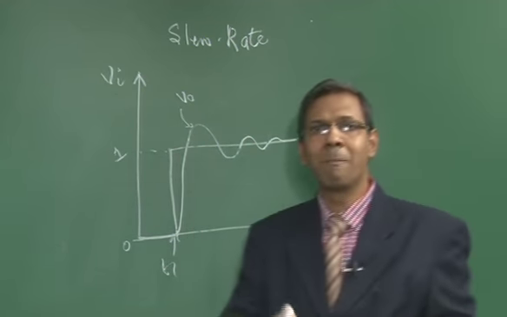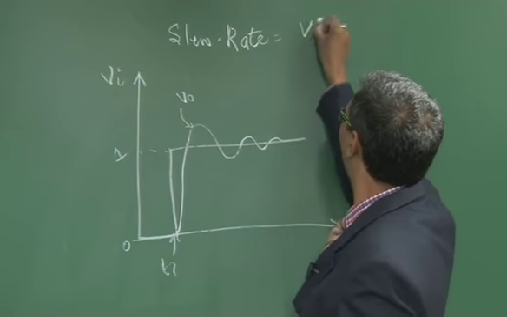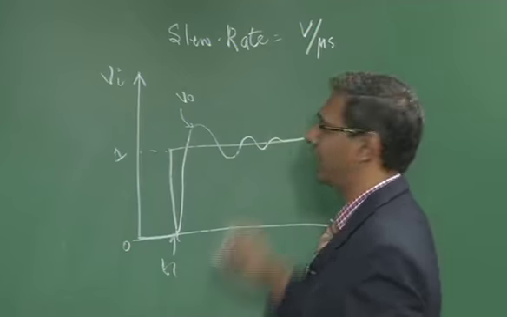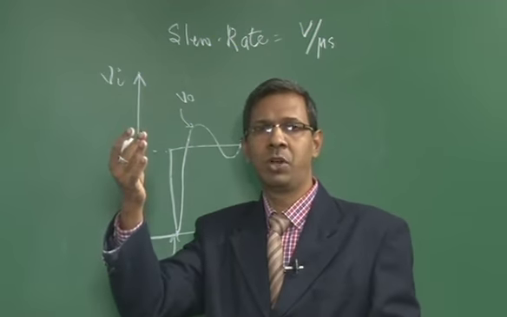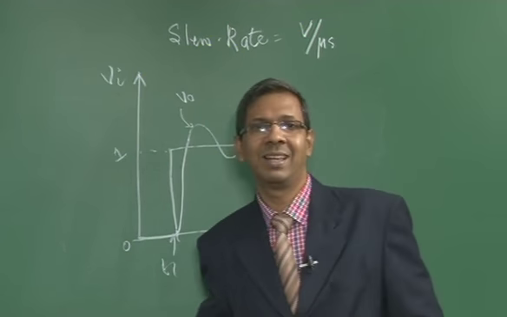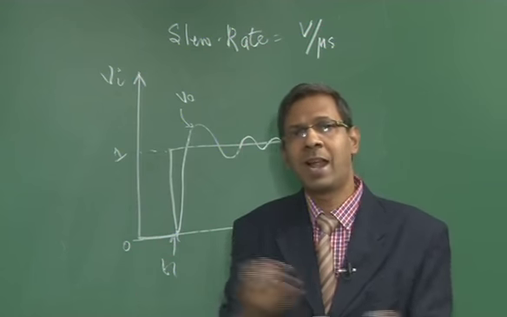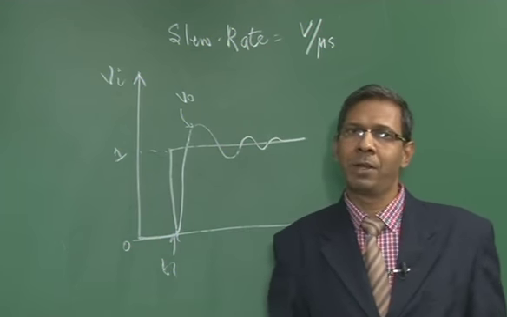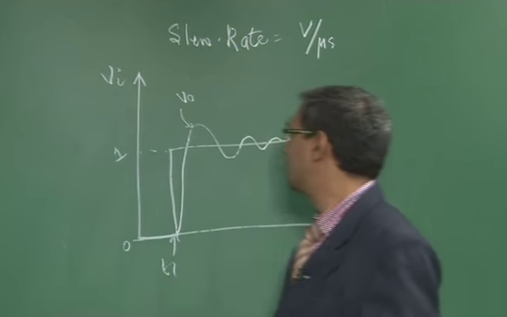So what is the maximum rate at which it can change? It is usually expressed in terms of volts per microsecond, meaning what? In 1 microsecond can I change from 0 to 1 volts? In 1 microsecond can I go from 0 to 3 volts or 0 to 10 volts? That depends upon the type of op amp you are using and whether it is a high speed op amp or a low performance op amp.